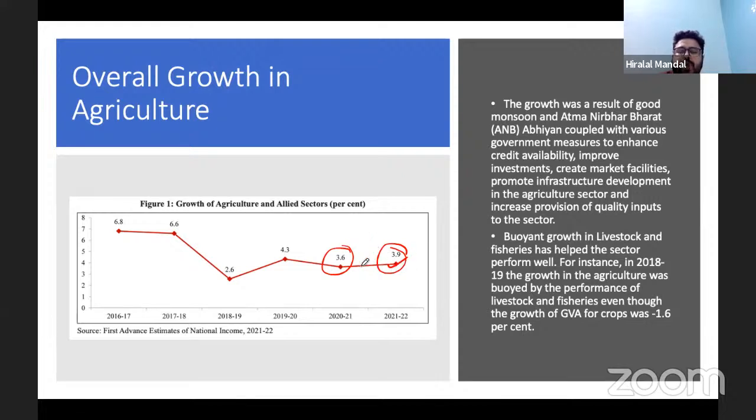That is quite healthy, in the sense that all the sectors were not working well, but the agriculture sector performed well, and in fact it rescued the Indian economy.